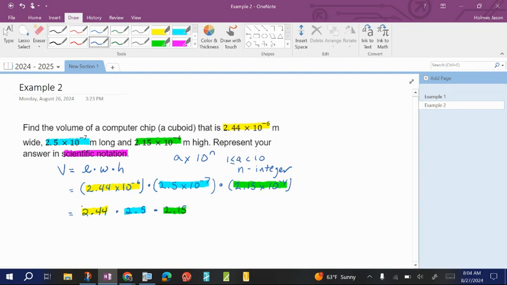We're going to do that piece first, and then multiply that by 10 to the negative 6th times 10 to the negative 7th times 10 to the negative 4th. So again, we're just rewriting this, and that's going to help us to do what we need to do next.